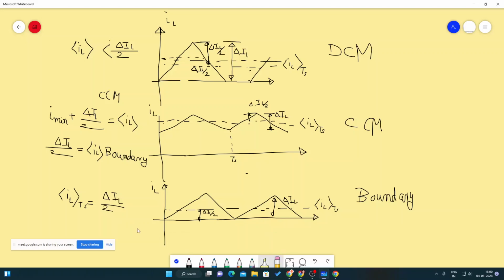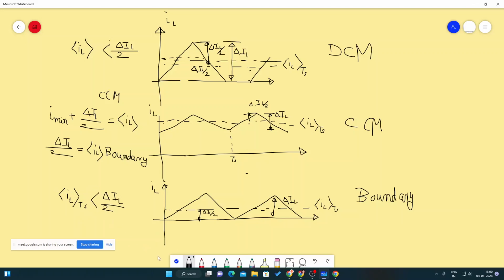Now if you remove this equality and go for greater than, you will get the condition for CCM operation. If you make it less than, you will get the condition for DCM operation.